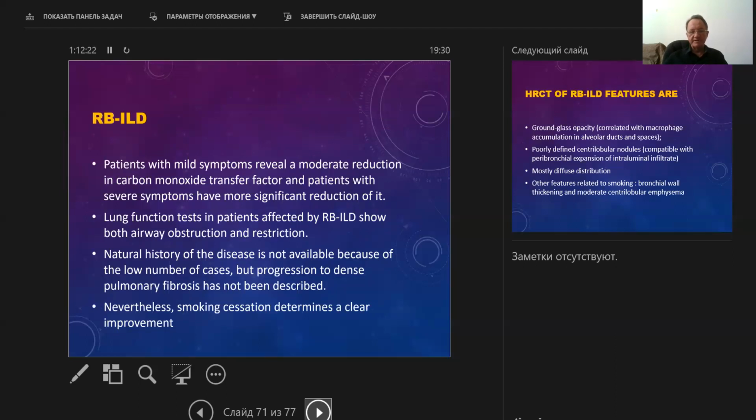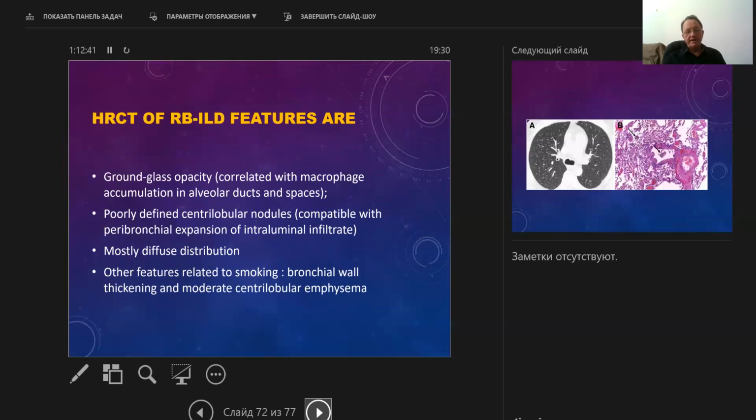Natural history of the disease is not available because of the low number of cases, but progression to dense pulmonary fibrosis has not been described. Nevertheless, smoking cessation determines a clear improvement.